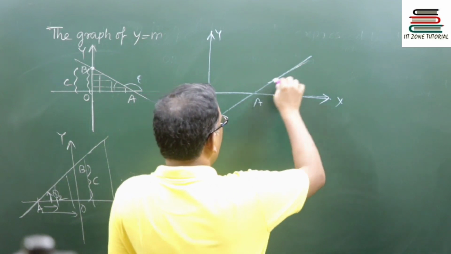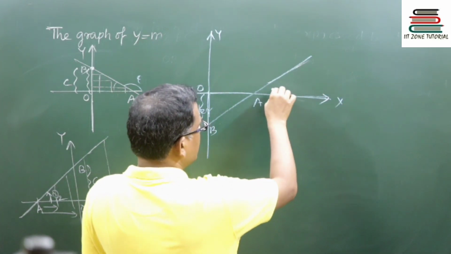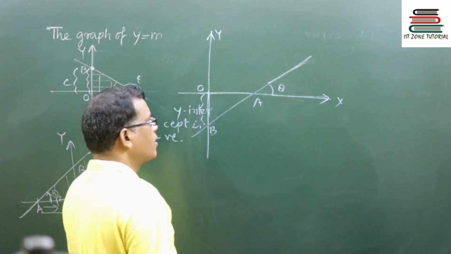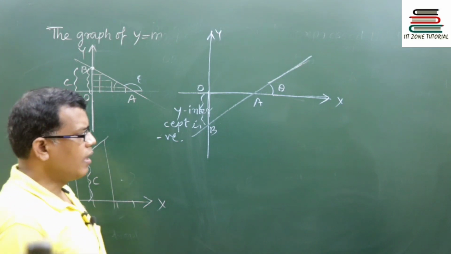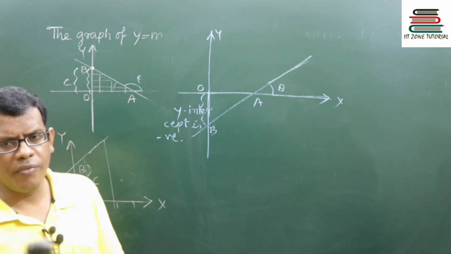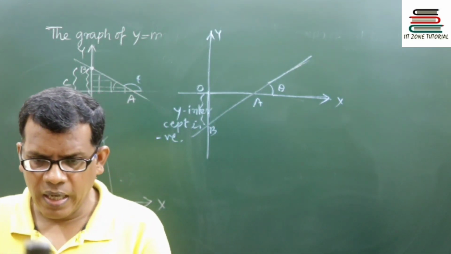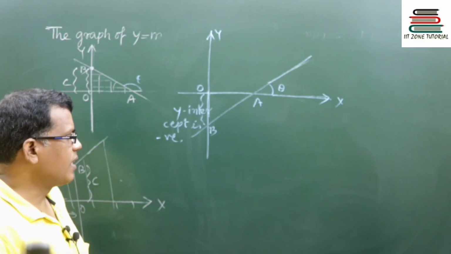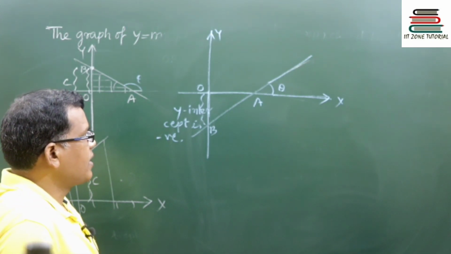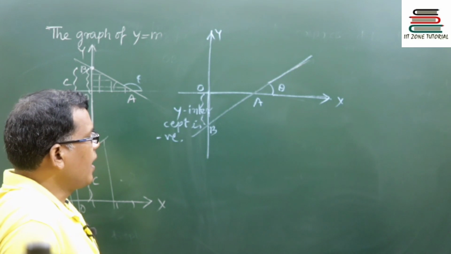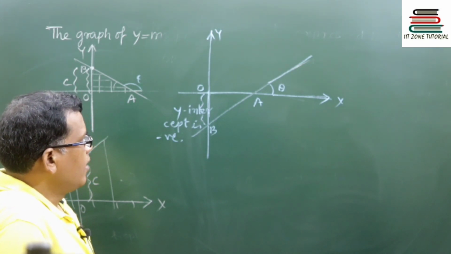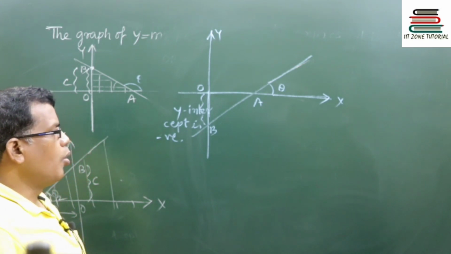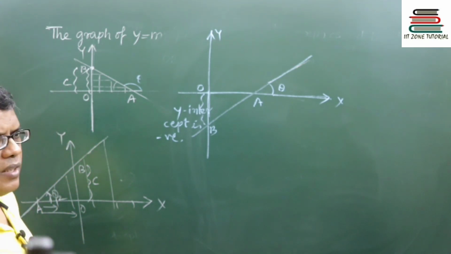As this is the line, and this is the positive x direction, this will be the angle theta. We must always take the angle between the line and the positive direction of the x-axis, and the slope will be decided by the use of that angle.